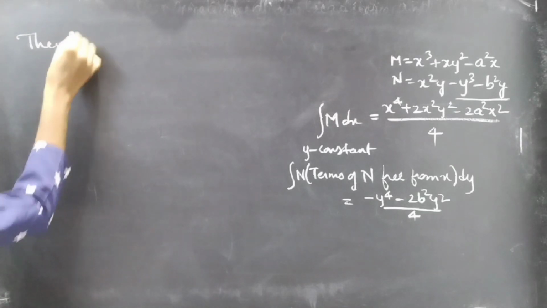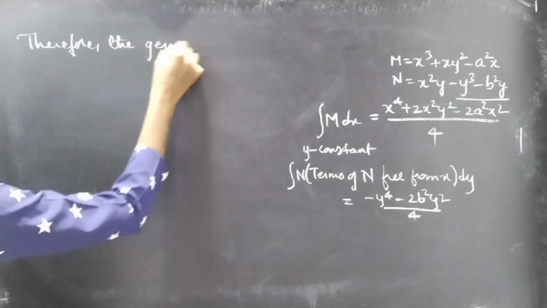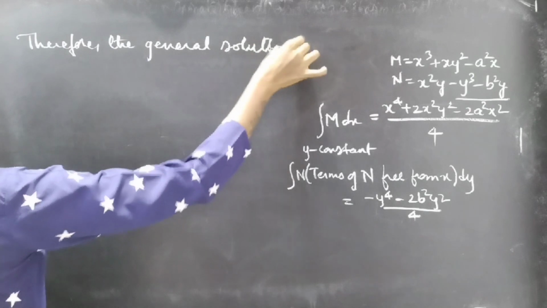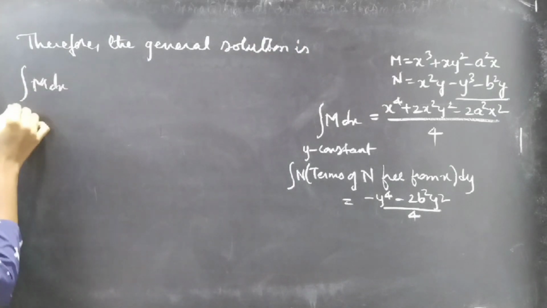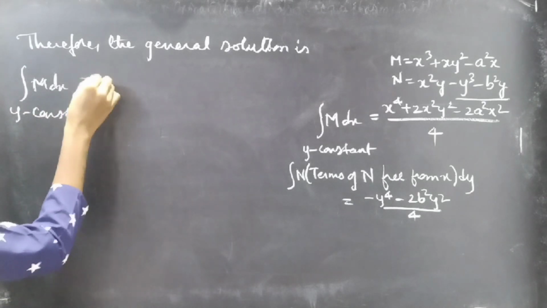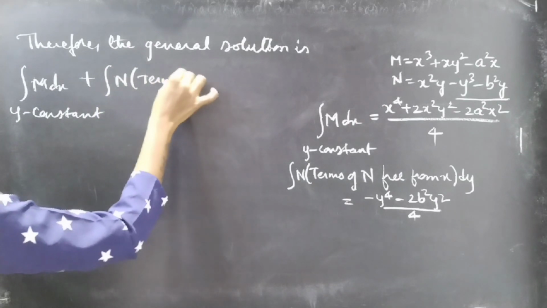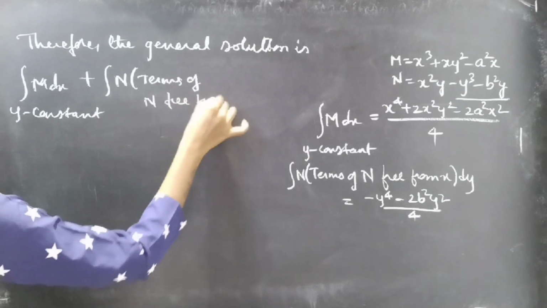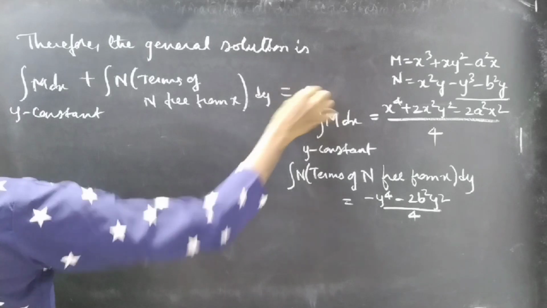Therefore, the general solution is given by the integral of M dx, where y is treated as constant, plus the integral of the terms of N free from x into dy, equal to c.